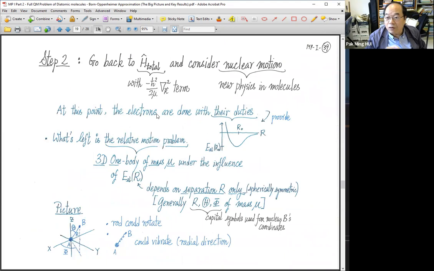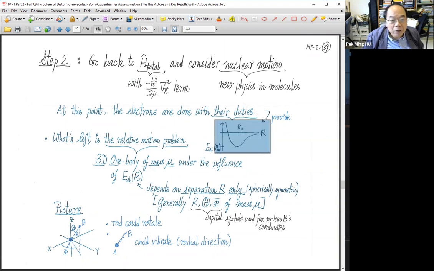So now, if you operate that product of the wave function, the electron part will give rise to a profile of this form for the kinetic energy part for the motion of the nucleus. Okay, so therefore, the nucleus will sense this potential energy function.